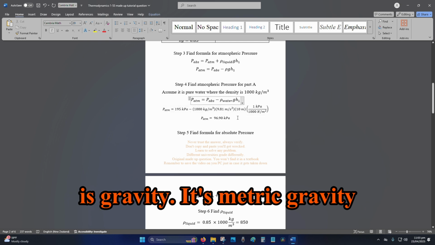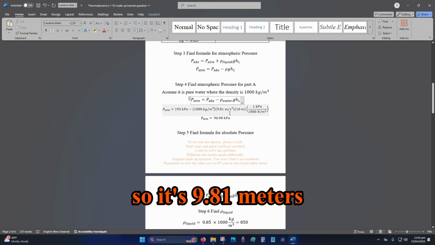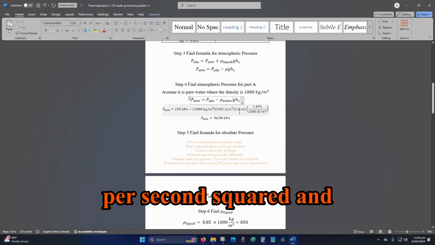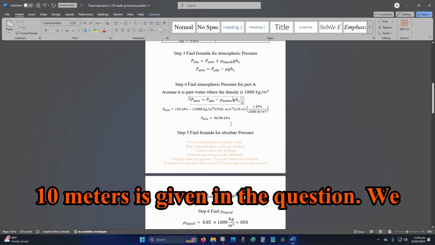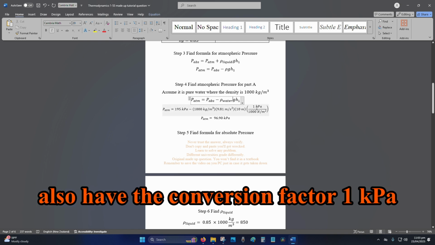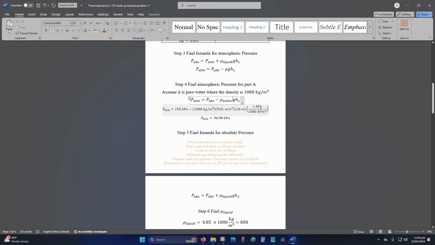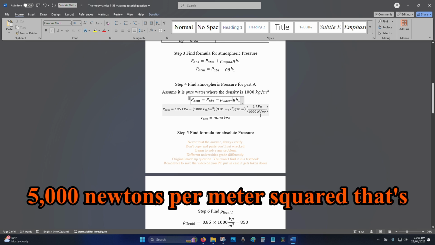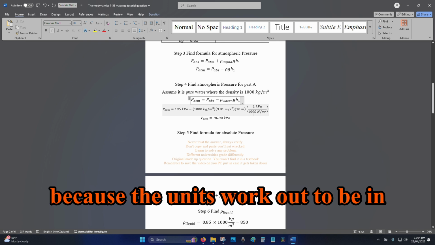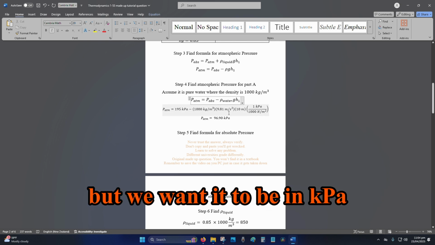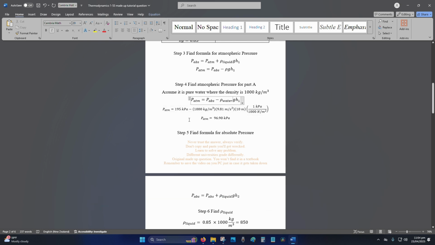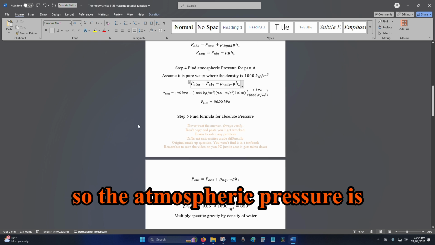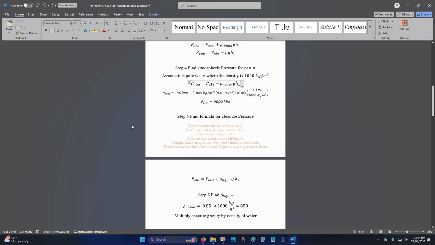It's metric gravity, so it's 9.81 meters per second squared. And 10 meters is given in the question. We also have the conversion factor, 1 kPa per 1000 newtons per meter squared. That's because the units work out to be in newtons per meter squared, but we want it to be in kPa. So the atmospheric pressure is 96.9 kPa.